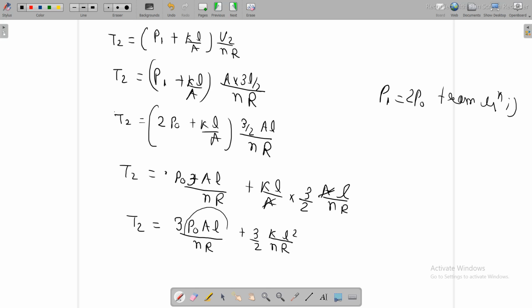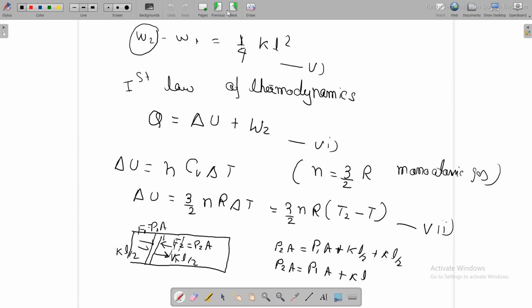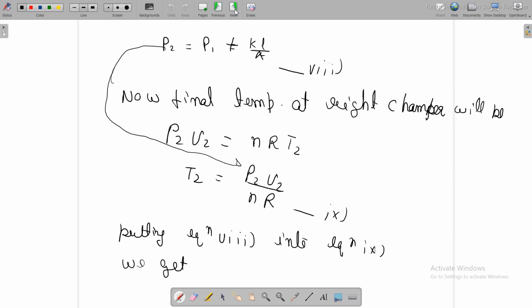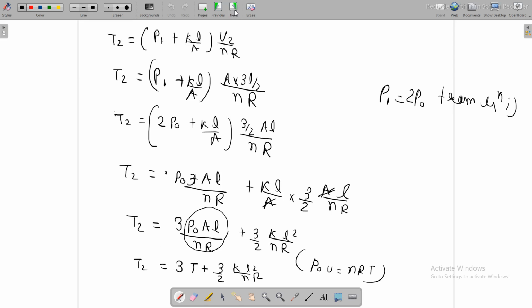And we know that P0 V is equal to nRT, so this is equal to T. Therefore T2 is equal to 3T plus 3 by 2 KL square over nR. This is equation 10th.